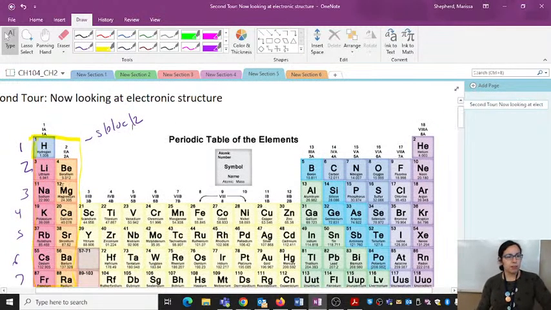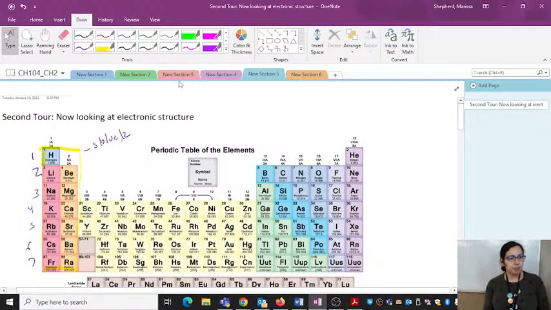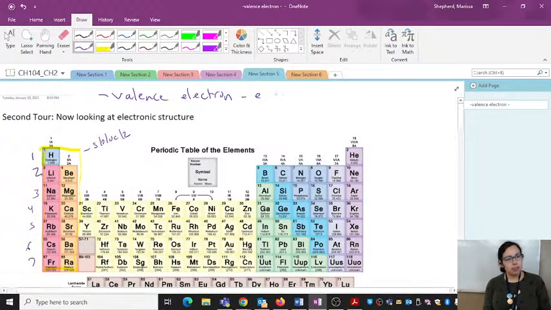That means their valence electrons are in the s orbital. Let's define what a valence electron is. A valence electron is just the electrons that occupy the outermost shell.